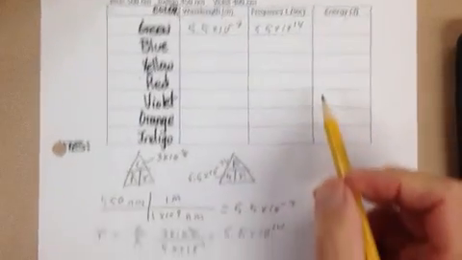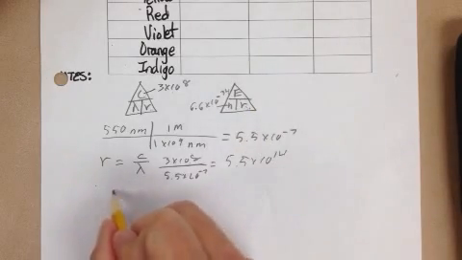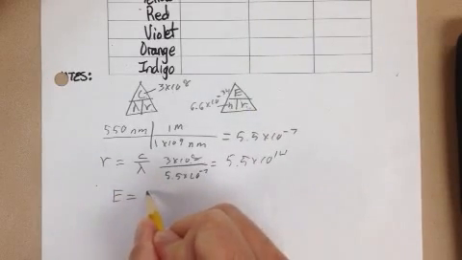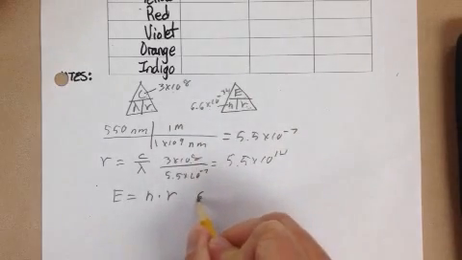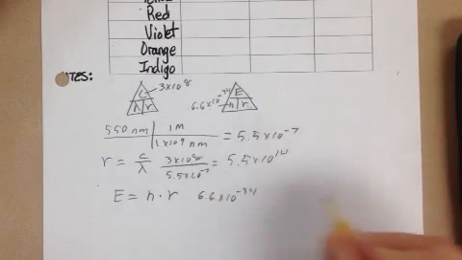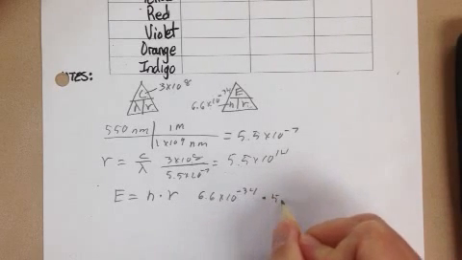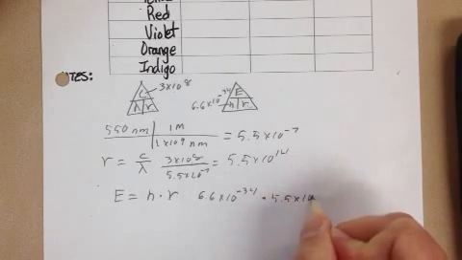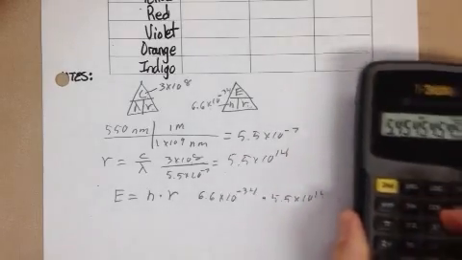To find my energy now, energy is h times v. So energy equals h times v. h is always 6.6 times 10 to the negative 34th. And so multiply that times our frequency, which we just calculated as 5.5 times 10 to the 14th. Put that in my calculator now.